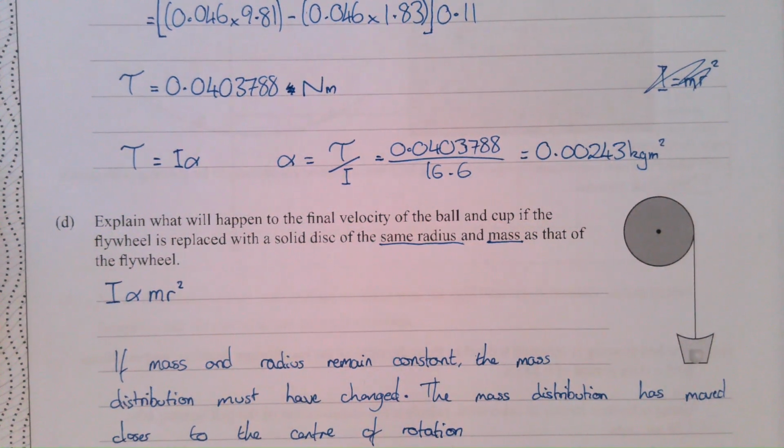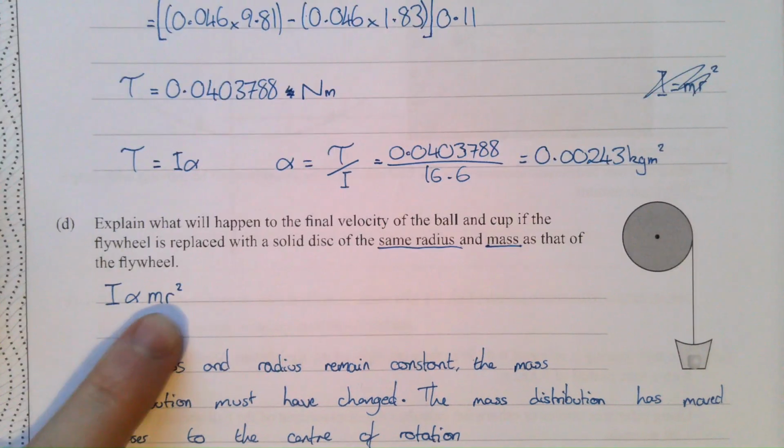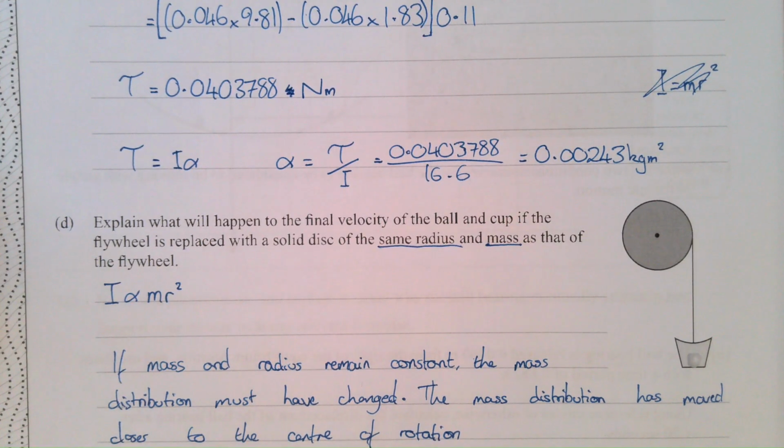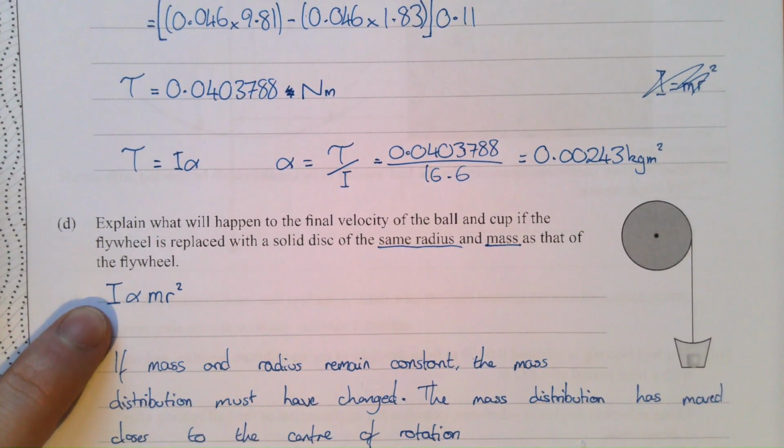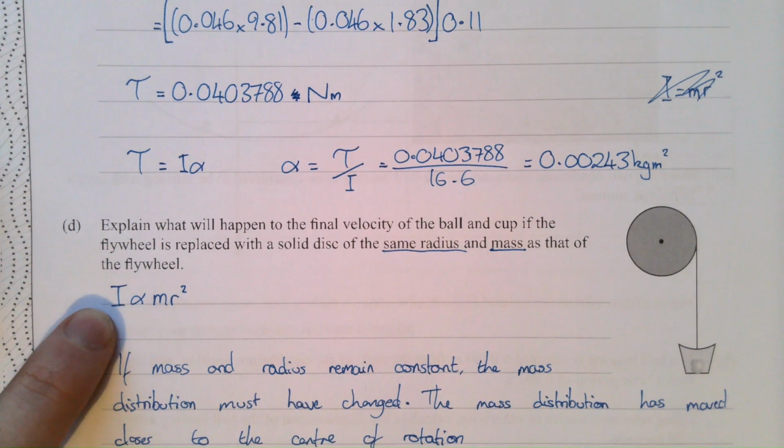If that happens, just like when we saw with figure skaters, if you compact the mass distribution, if you bring yourselves in tightly, then your rotational inertia decreases. Remember, the more mass is distributed more widely, the greater your I. If mass and radius increase, your I gets bigger.